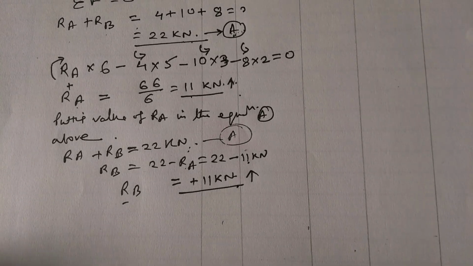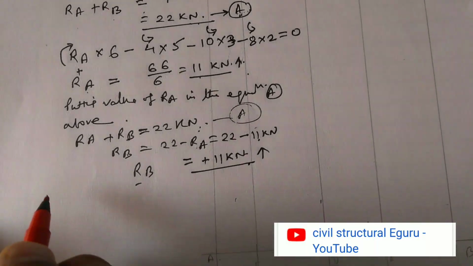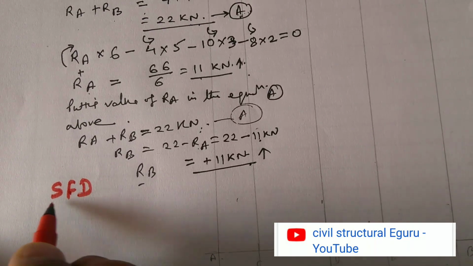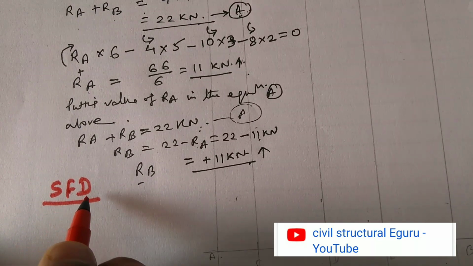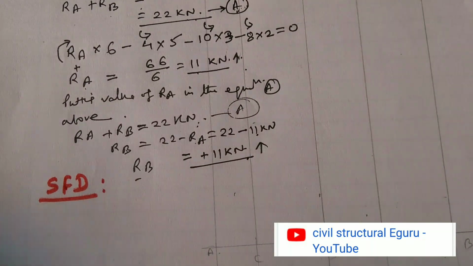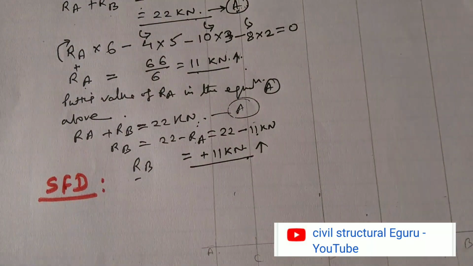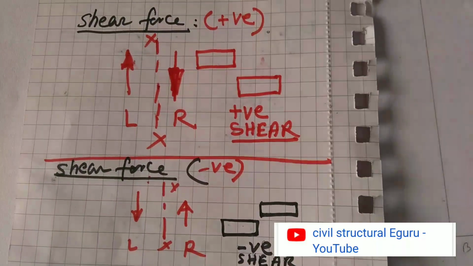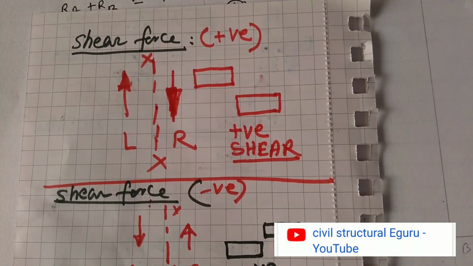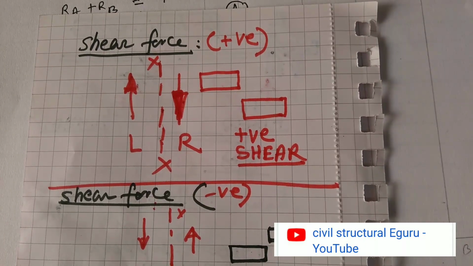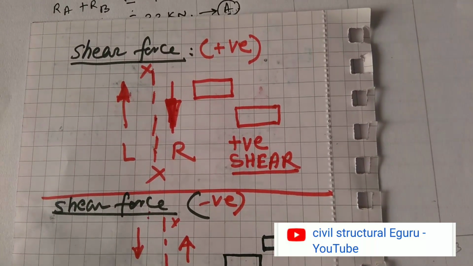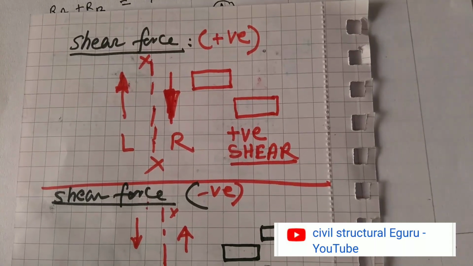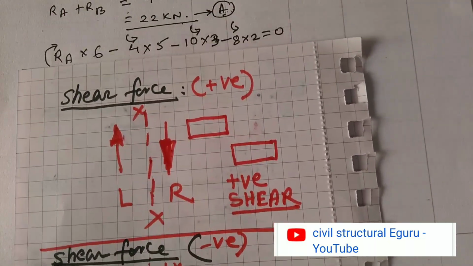Now friend, calculate the shear force diagram. SFD: S for shear, F for force, D for diagram. Before doing the shear force diagram, understand this diagram nicely so that your concept is clear. I've already given videos on it, and I will also provide the link. Please see that link for greater clarity.